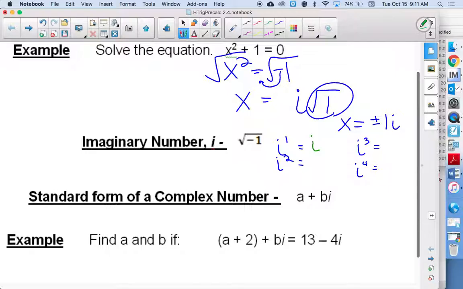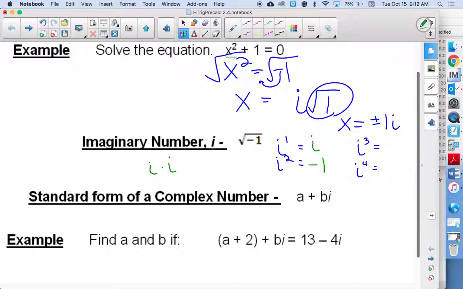Carrie. Negative 1. That's because you are taking i times i, which really means you're taking the square root of negative 1 times the square root of negative 1, and that is the number negative 1. So i to the first is just i, but i squared becomes negative 1.